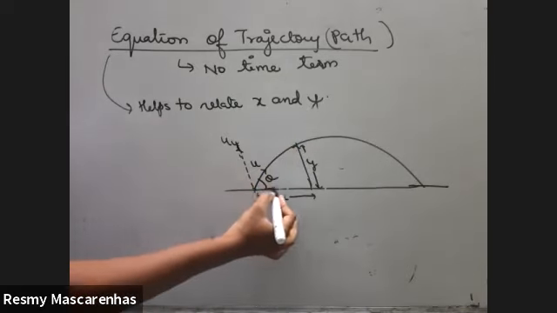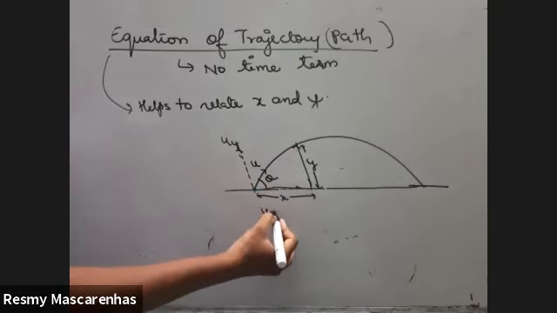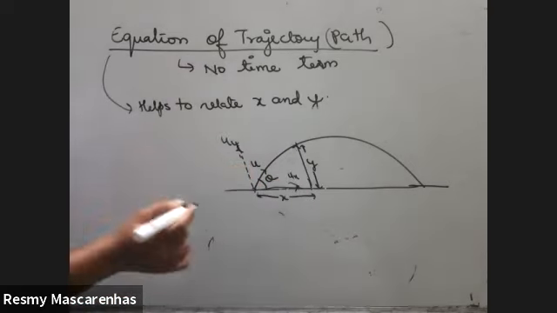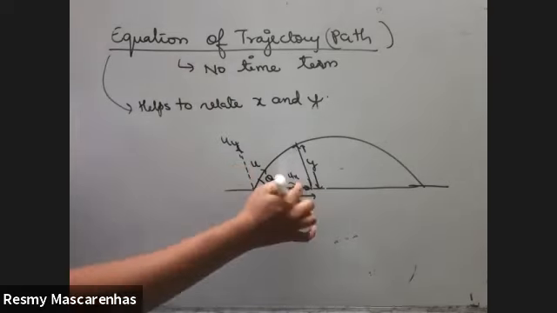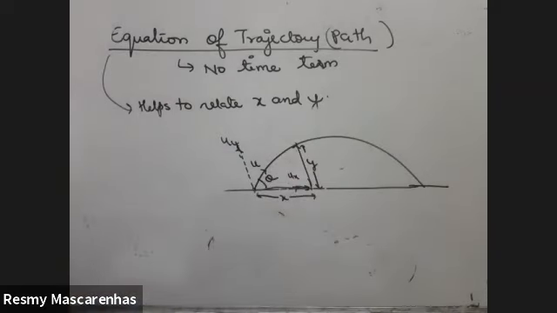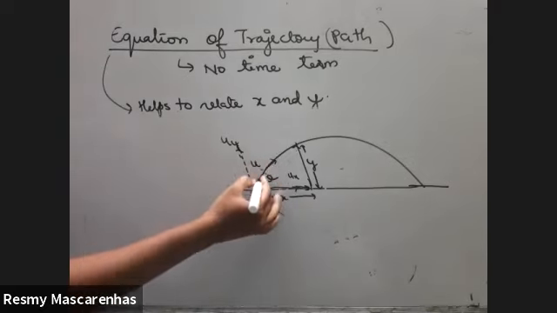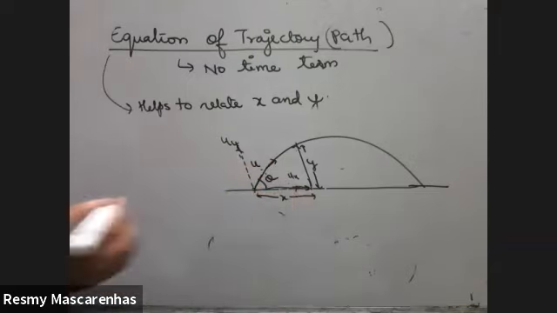This will always be uy. Suppose this is my u, the bigger one. This is my uy, this is my ux.